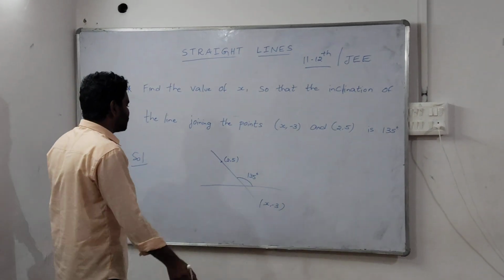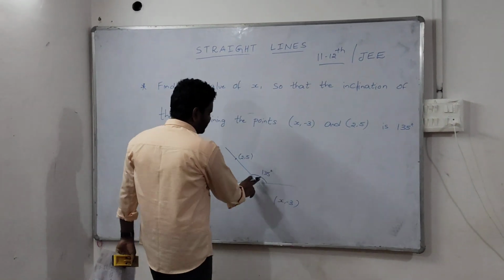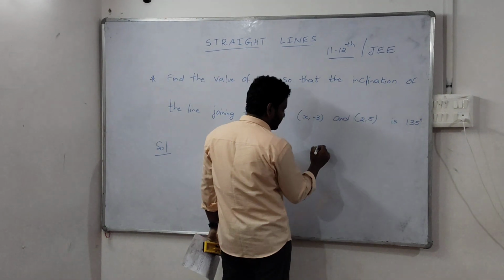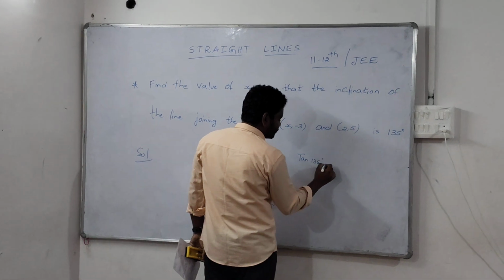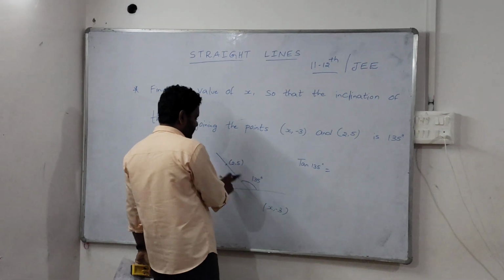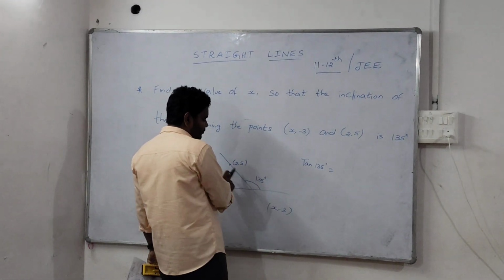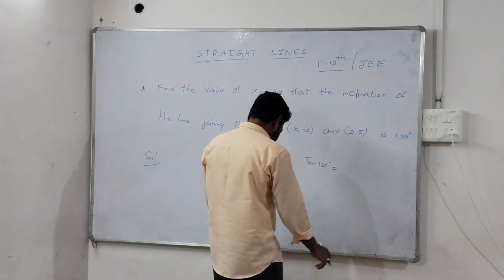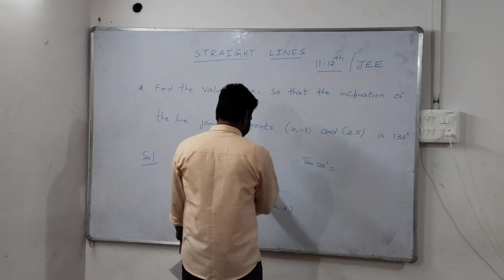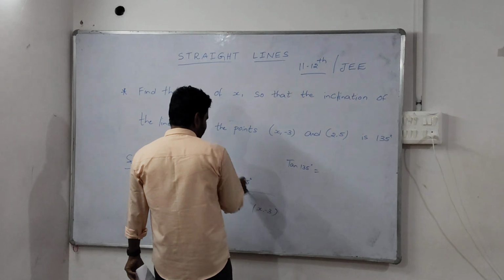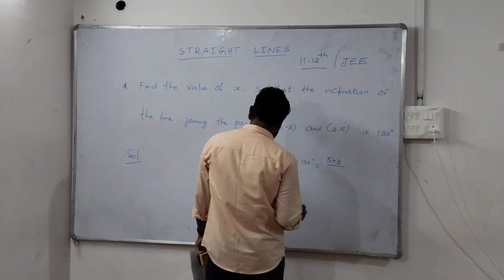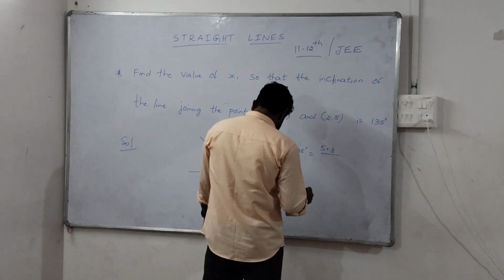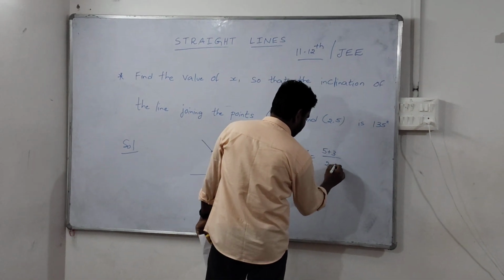So how to find x here? The slope is equal to tan 135. Tan 135 should be equal to the slope from the two-point form, y2 minus y1 by x2 minus x1, that is 5 plus 3 by 2 minus x.